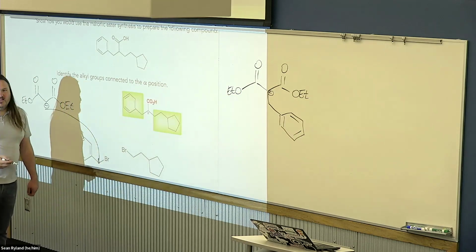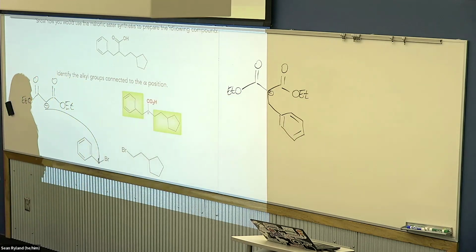It still has one hydrogen on the alpha carbon.